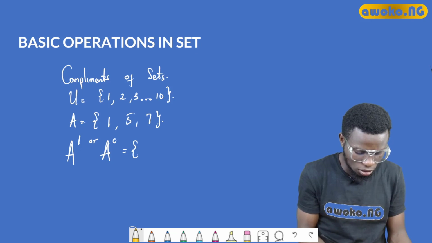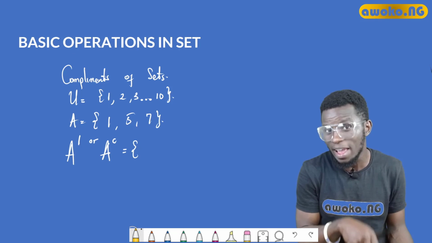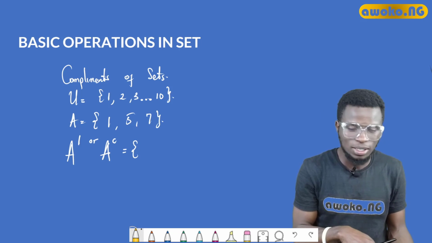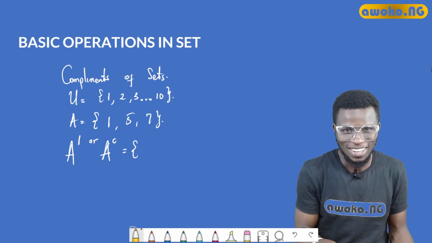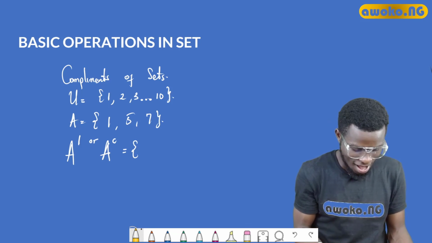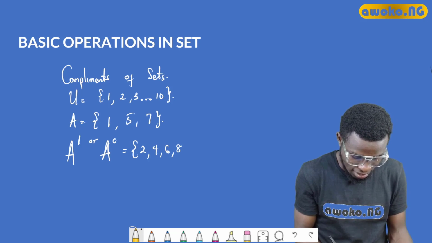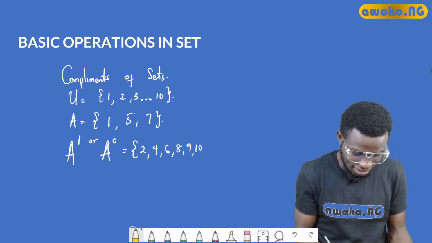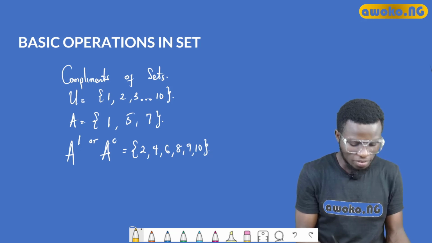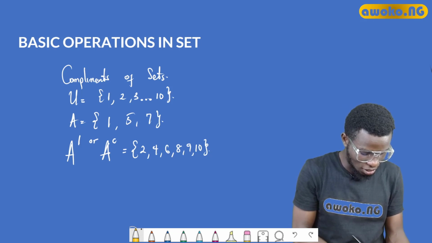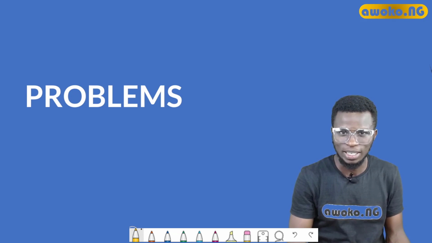So this is the list of elements that are not in the particular set we are talking about, which is set A, but are contained in the universal set. And the list of the elements is simply 2, 4, 6, 8, 9, and 10 inclusive. Okay, so having said this, we will now take us to the problems in set.